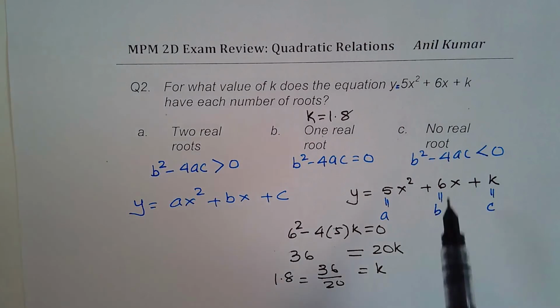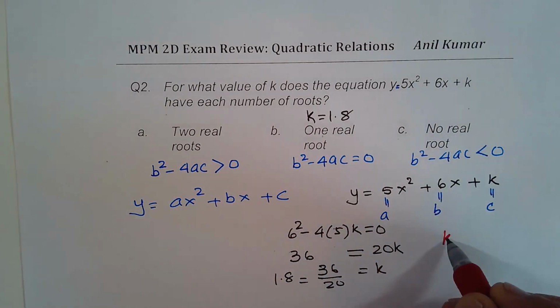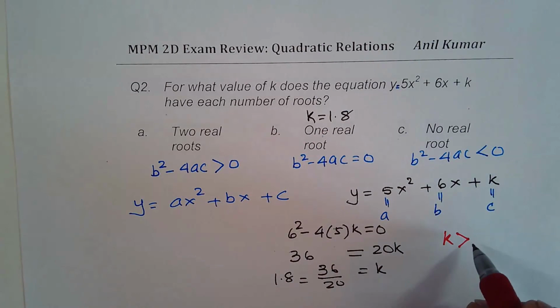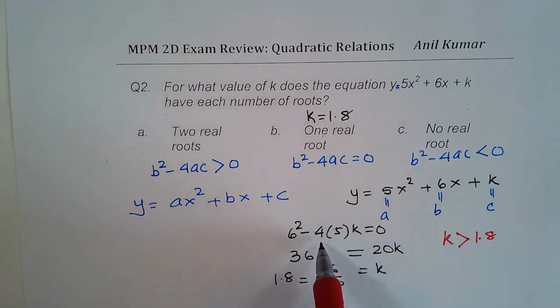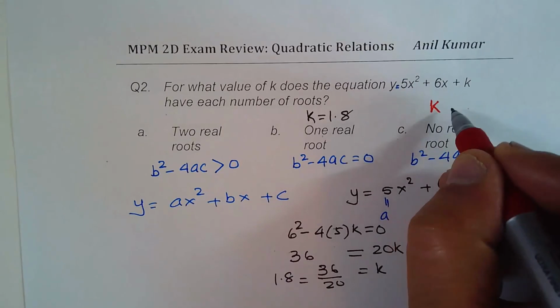For no real root, this number should be negative. When will it be negative? It is going to be negative if k is greater than 1.8, then this will be more negative, right? So for no real root, k has to be greater than 1.8.